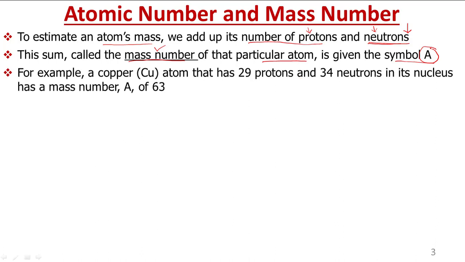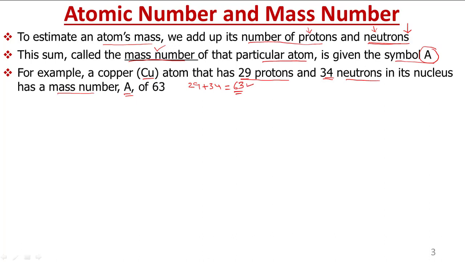So for example, let us see the example of copper. Now copper has 29 protons and 34 neutrons in its nucleus. So its mass number A will be equal to the sum of the number of protons plus number of neutrons. That means 29 plus 34, it will come out to be 63.